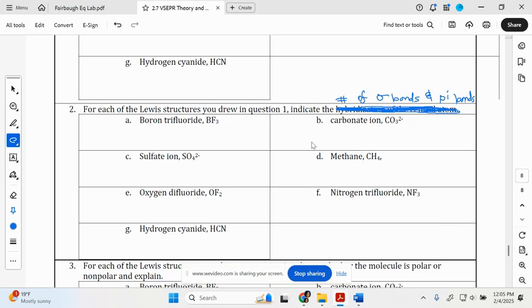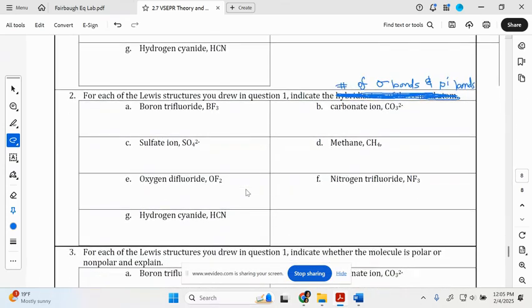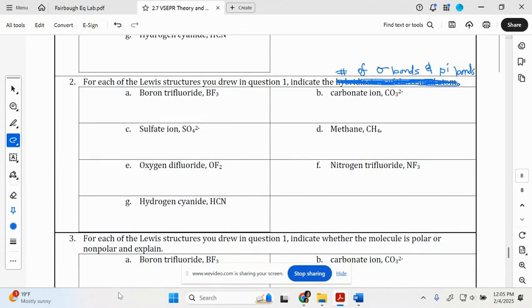Once you get them drawn up here, you're going to reuse them for these 2 sections down here. So it seems like a lot, but it's really not once you get them drawn in the first part. Okay? So do sigma and pi. Sigma, pi. And you can continue that on.